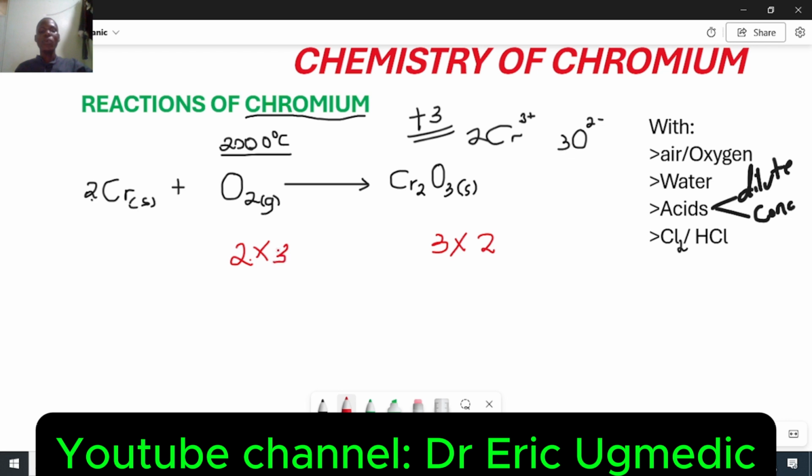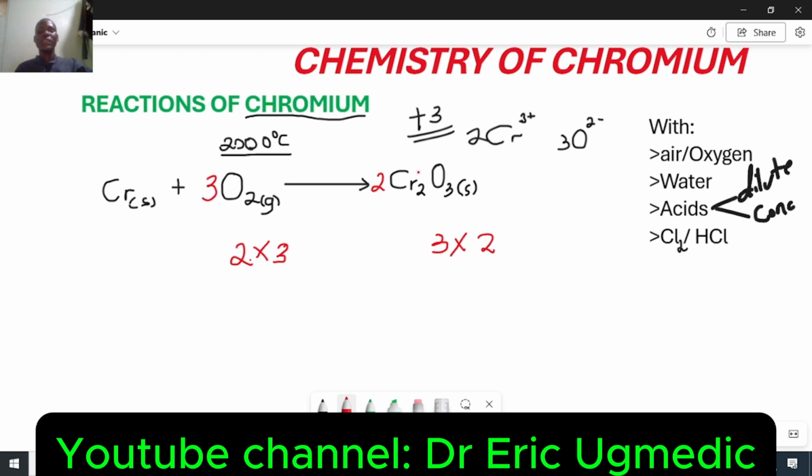However, if I do so, I'll be affecting the chromium, which means that I'll have to erase the 2 away. In this case, oxygen will be a determinant of the value that will be attached to the chromium on the left-hand side. If I multiply by a 2 here, that will make the oxygen atoms 6, then this side by a 3 to make it 6 as well.